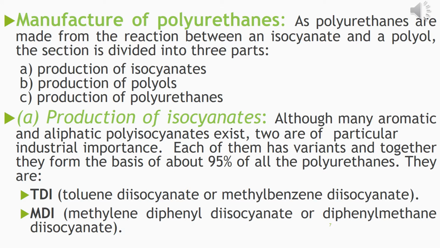Each of them has variants, and together they form the basis of about 95% of all polyurethanes. So, which two are particularly of industrial importance?